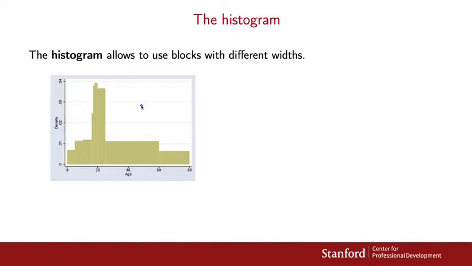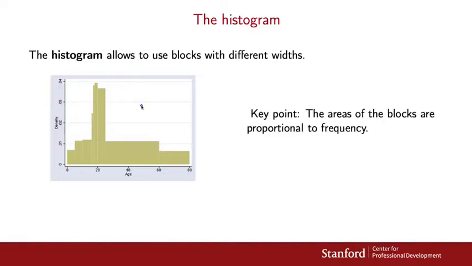For example, this histogram shows the ages of a number of people. The key point here is that the areas of the blocks are proportional to frequency. This means that the total area corresponds to 100%. For example, if we are interested in figuring out what percentage of people fall in the age group from 60 to 80, then we are interested in the area of this block.